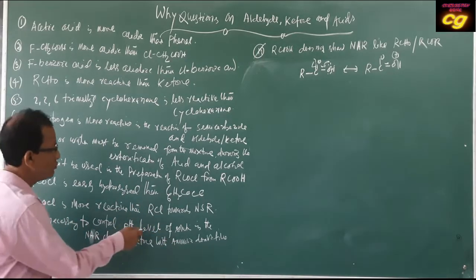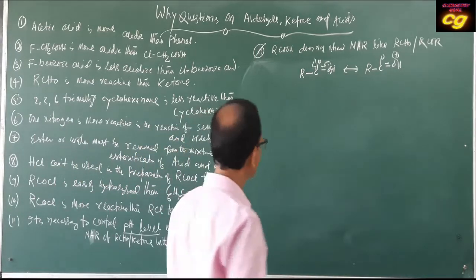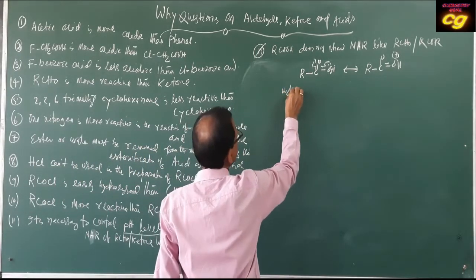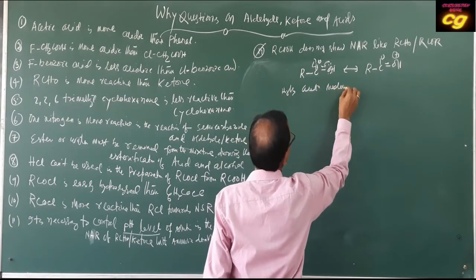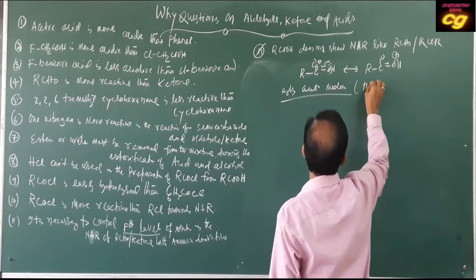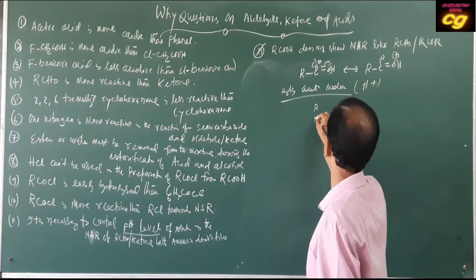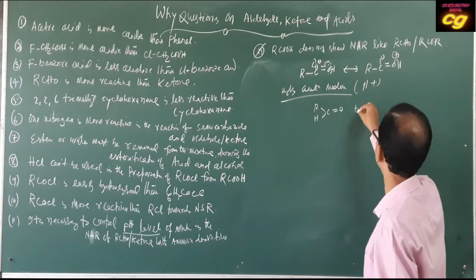But why do we have to use a particular pH level? Because if the pH is decreased, that means in highly acidic medium, what happens? Suppose you take aldehyde or ketone in highly acidic medium, what happens?